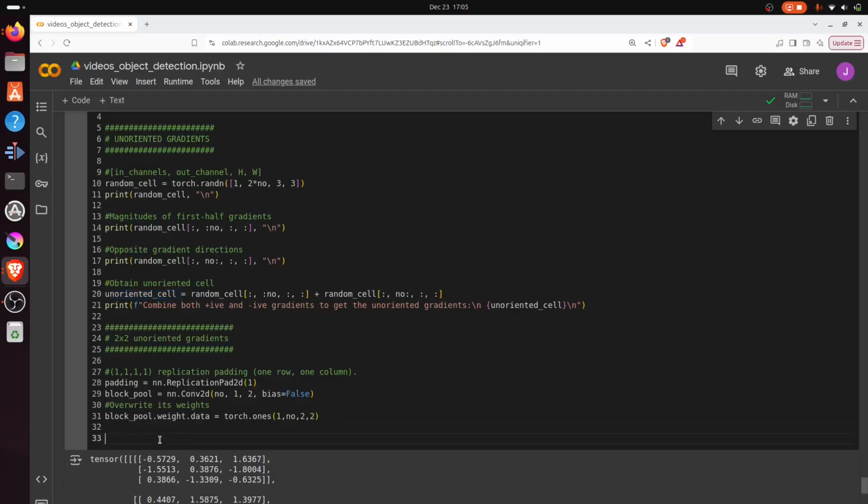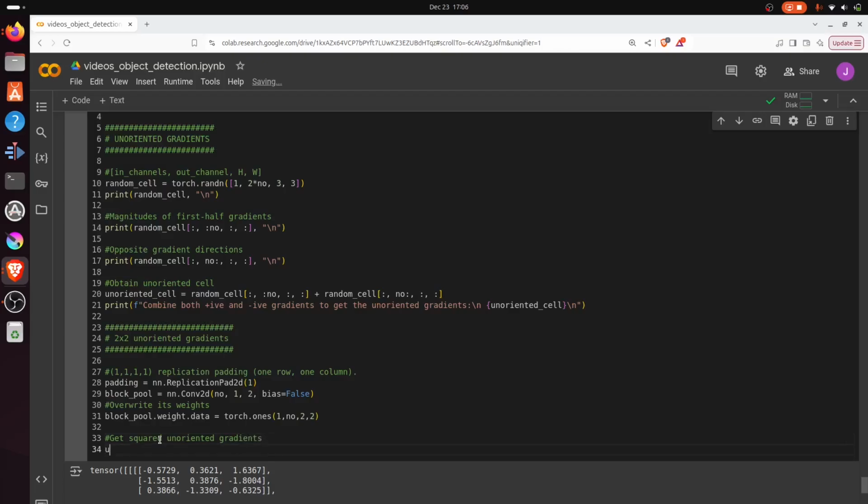So let's get these squared unoriented gradients. The unoriented square is this unoriented cell by itself, just like that. Fantastic.